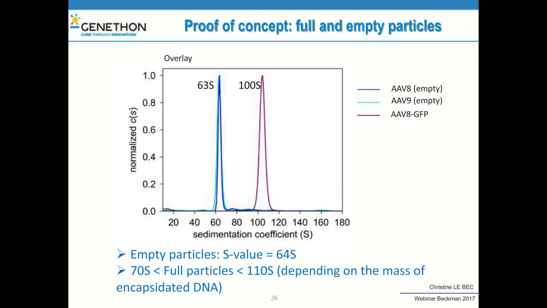On this slide, I show you the overlay of the empty particles, AAV8 in blue, AAV9 in green, and AAV GFP in purple. The S value for the empty particles is around 64, and for the full particles it is around 70 to 110 S, depending on the mass of the encapsulated DNA.